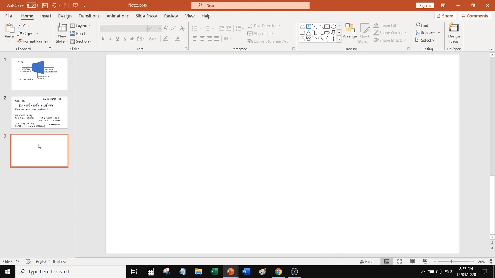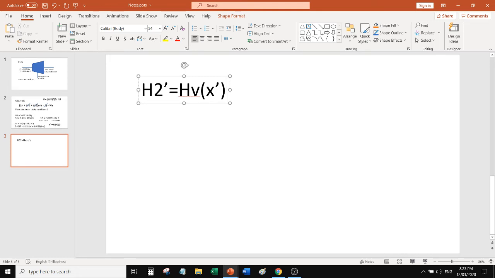So, meron kang quality prime, x prime. Solve mo ngayon yung H2 prime. So, ano ba yung H2 prime? Yung enthalpy niya if isentropic expansion siya. Okay? So, ano bang equation nito, di ba? HV times x prime, if lahat nito if isentropic, plus HL times 1 minus x prime. Okay, so plug in natin ang values. Ang unknown diyan, H2 prime.